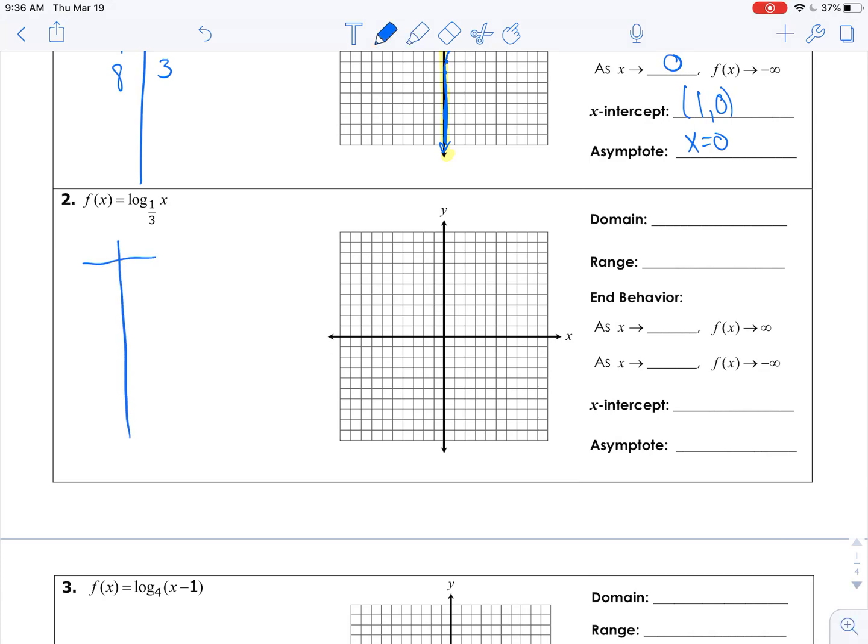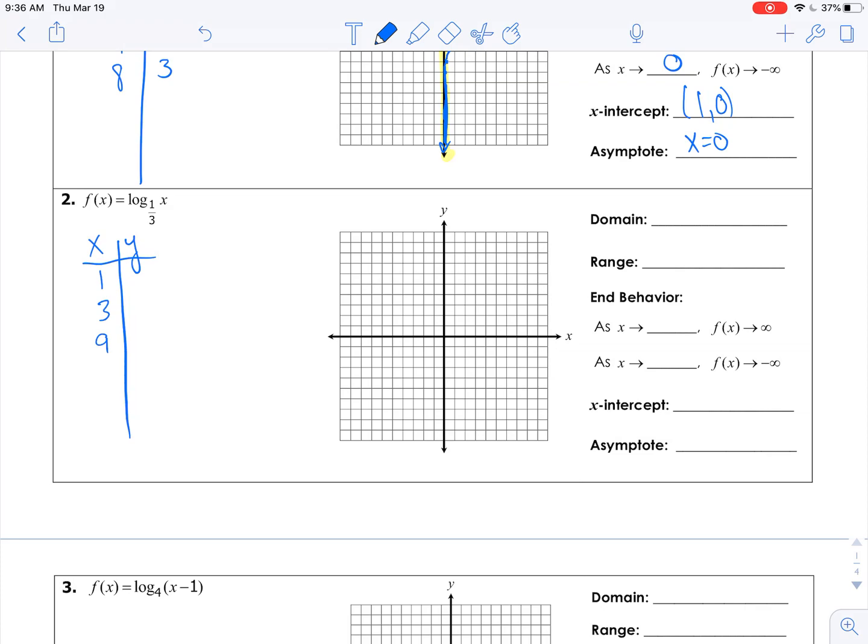So this one's going to be a little bit tougher. I've got a 1/3. So let's do an x, y table. Let's do powers of 3. So we start with 1, and then we'll go to powers of 3.